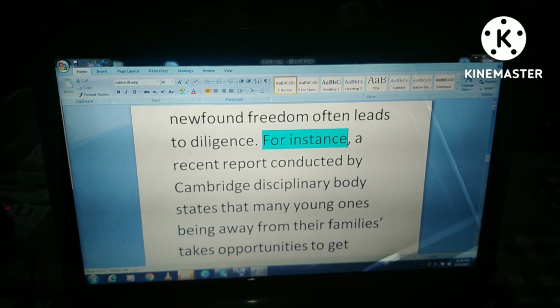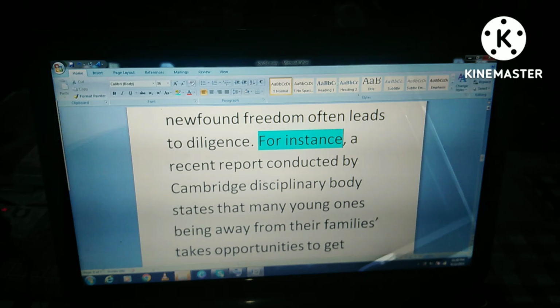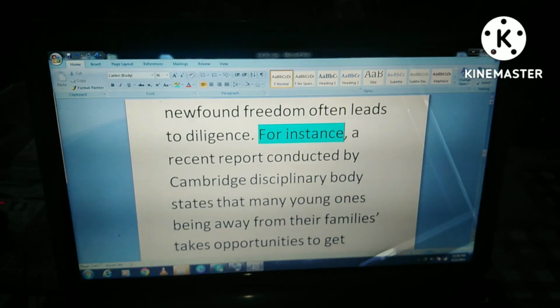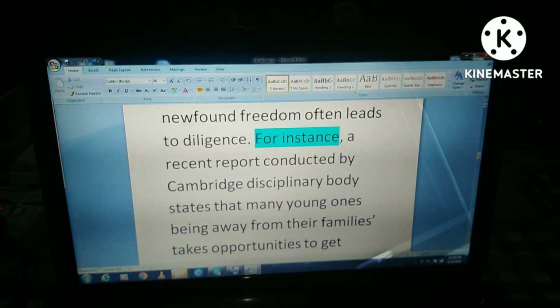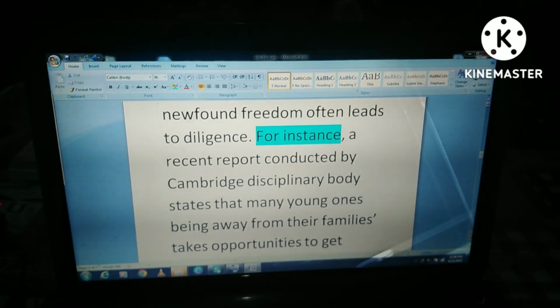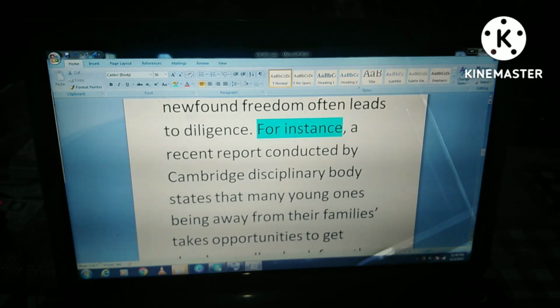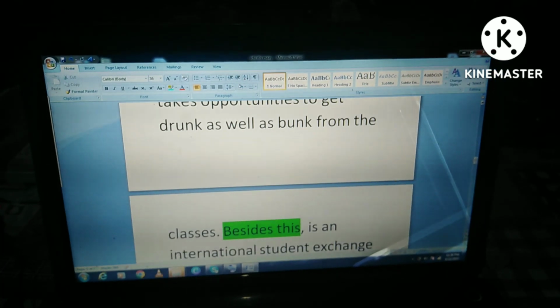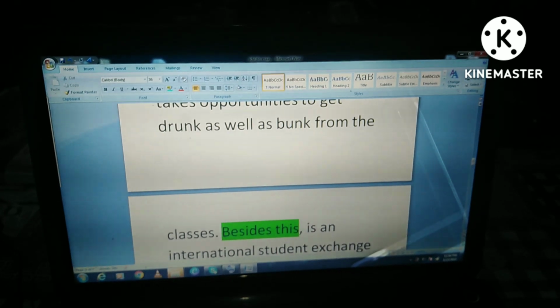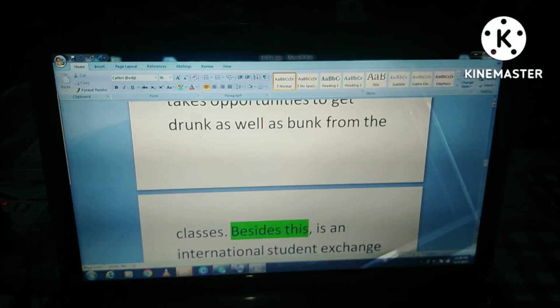For instance, a recent report conducted by a Cambridge disciplinary body states that many young ones, being away from their families, take the opportunity to get drunk as well as bunk from the classes.